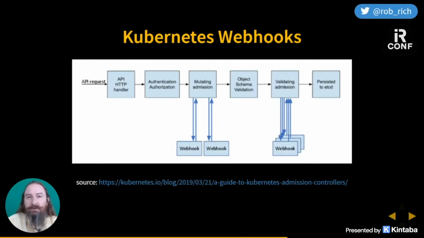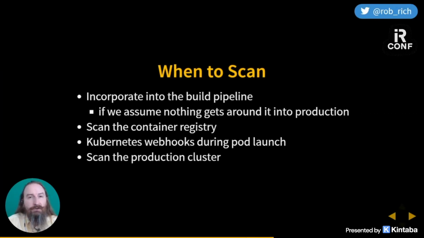So maybe this service fails to start for 10 minutes and then starts successfully. Is that an acceptable time frame? If so, then we know that everything running inside of our cluster now has passed this validating admission webhook. That can be the perfect time. So looking at this list, maybe we do it in all the places.